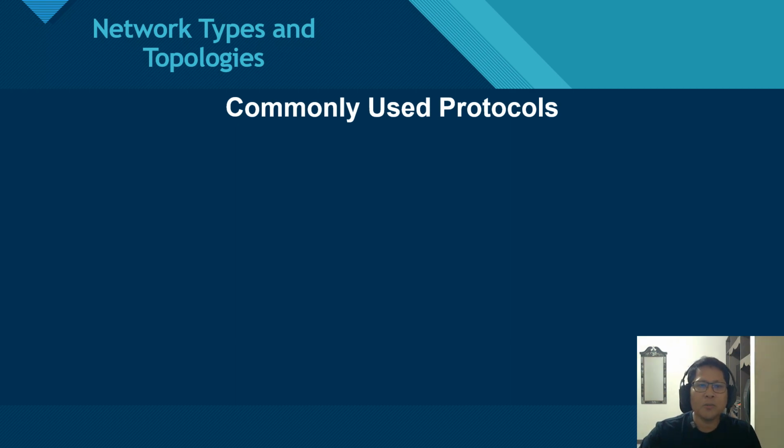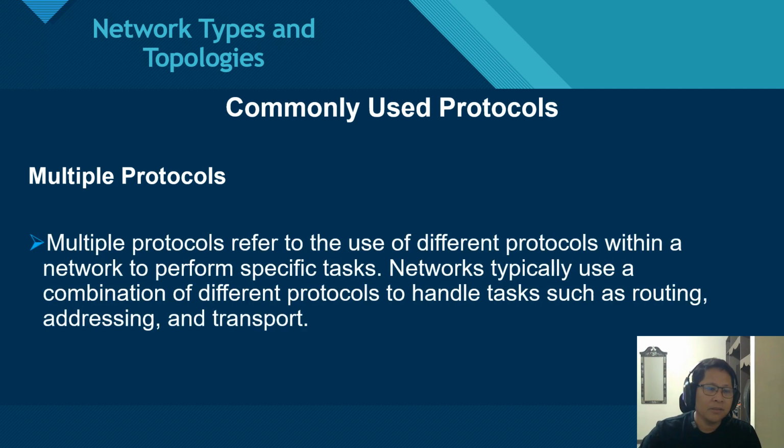The last commonly used protocols, we have the multiple protocols. So multiple protocols refer to the use of different protocols within a network to perform a specific task. Networks typically use a combination of different protocols to handle tasks such as routing, addressing, and transport.